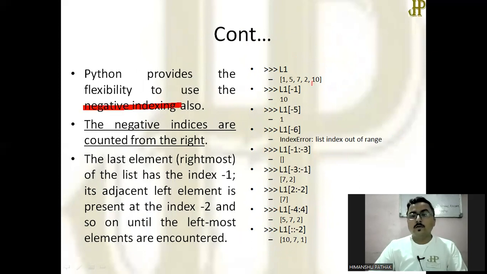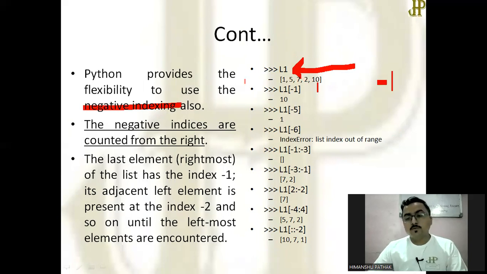So you can move from right to left also by giving negative indexing, and this will start from -1, not from 0. The first element will be at the -1 position, second element at -2, -3, and so on up to the first element of the list.